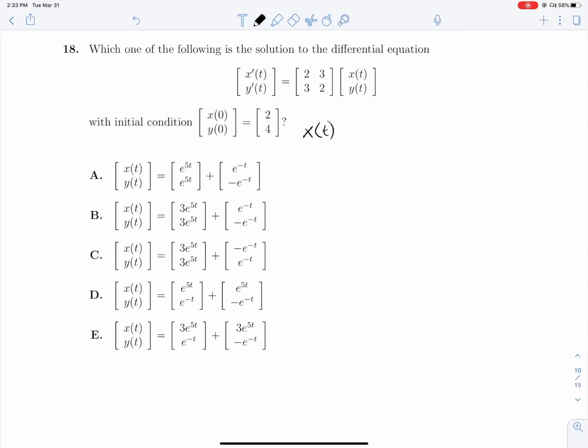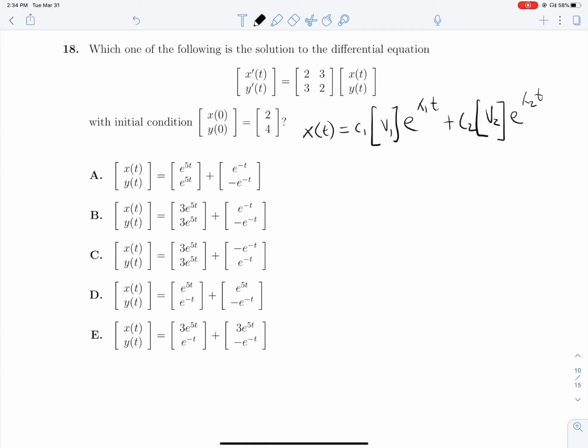But I think we'll all be okay. So x of t is equal to c1 times the eigenvector v1 e to the lambda 1 t plus c2 v2, the second eigenvector, times e to the lambda 2 t. And we can solve for these c1s and c2s using our initial condition here.